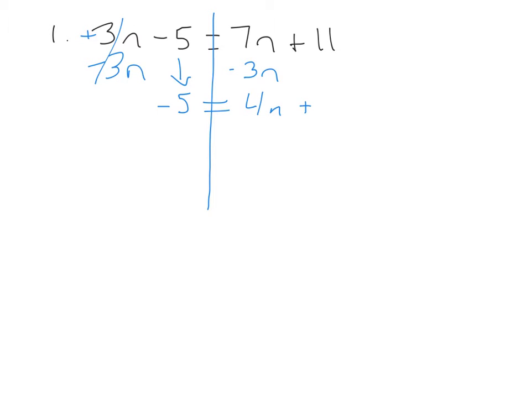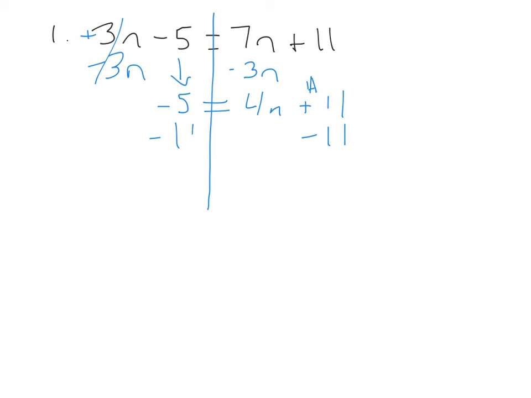4n plus 11 there. All right, now it's just a typical two-step equation. We're going to subtract our 11 because that's addition. So go ahead and do that. If you got two negative numbers, that's kind of like owing money.